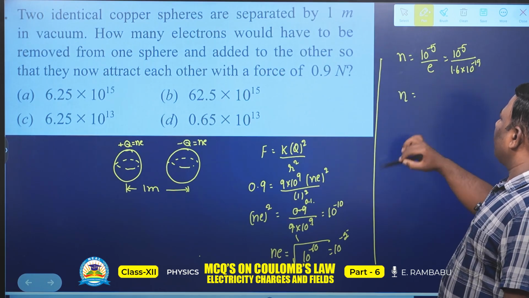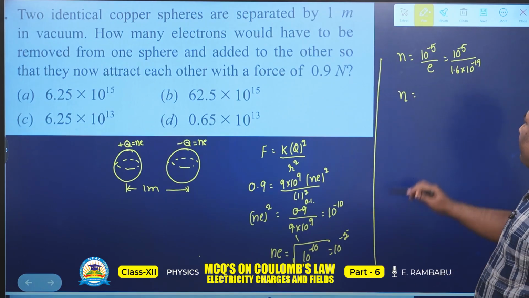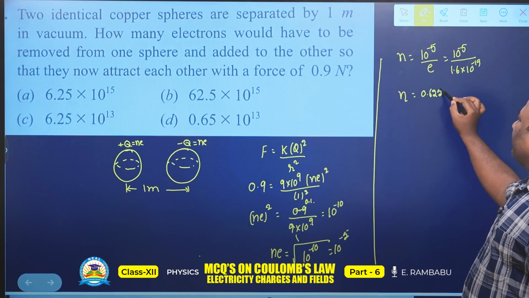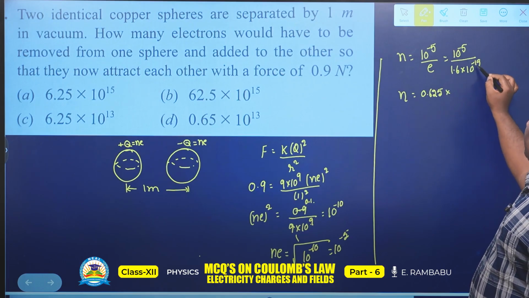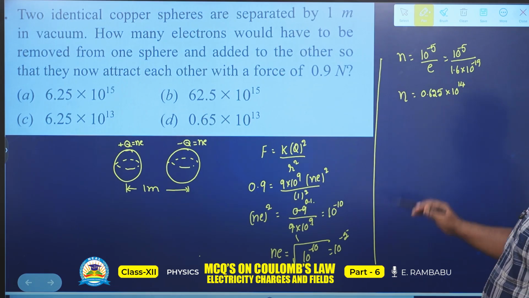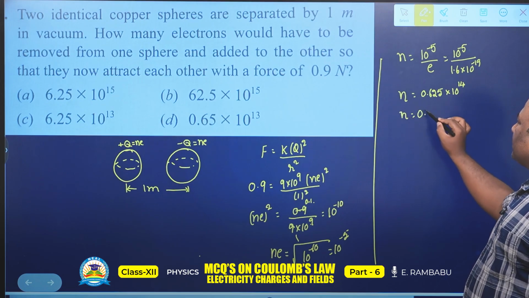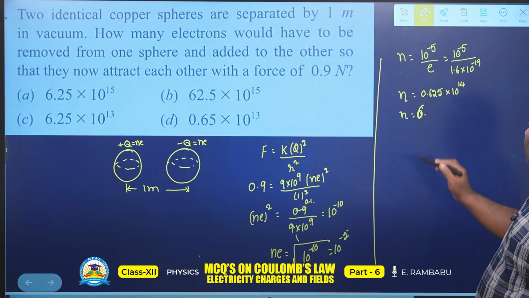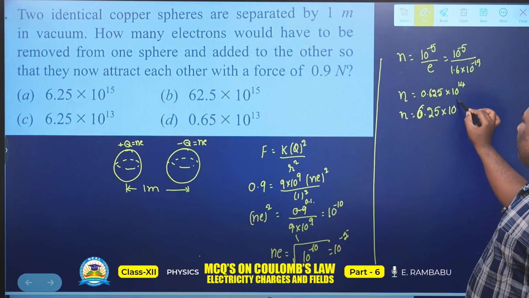So the number of electrons to create a force of 0.9 newtons between them is 1 by 1.6, remember this is a standard value, 0.625 into 10 to the power minus 5, the denominator 10 to the power minus 19 taken to the numerator becomes 10 to the power plus 14. Multiplying, the number of electrons is 6.25 into 10 to the power 13.